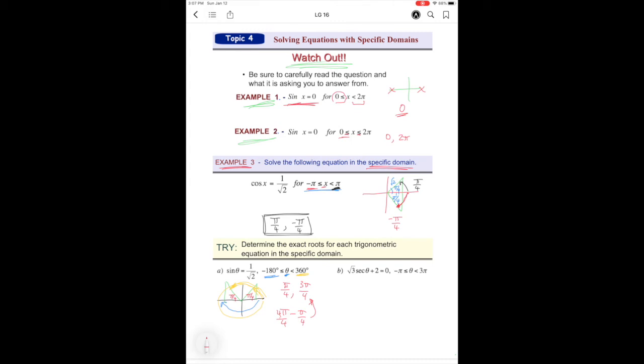Well, in this example, we have to do some isolating, so throw that over. So we have secant equals -2, divide by that. So we have secant theta equals -2 over root 3. Now I gave you the hint before. Secant, change to cos, flip. So we have root 3 over 2 negative.